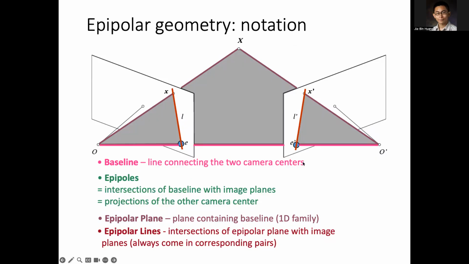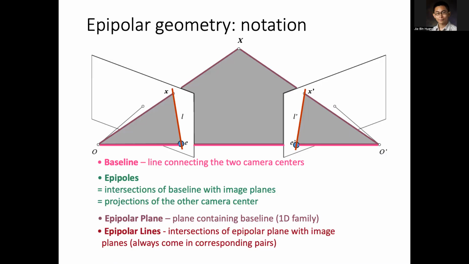You can think about it, and here it needs some imagination of the 3D geometry. You have the baseline between one camera center and the other camera center. It's a line, right? Imagine some revolving plane that passes through these two centers, with some rotation for all the possible planes that pass through this line.